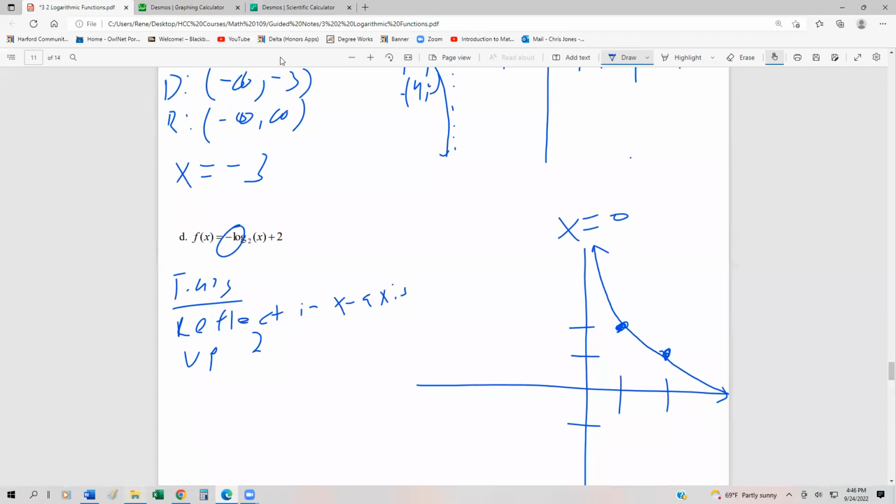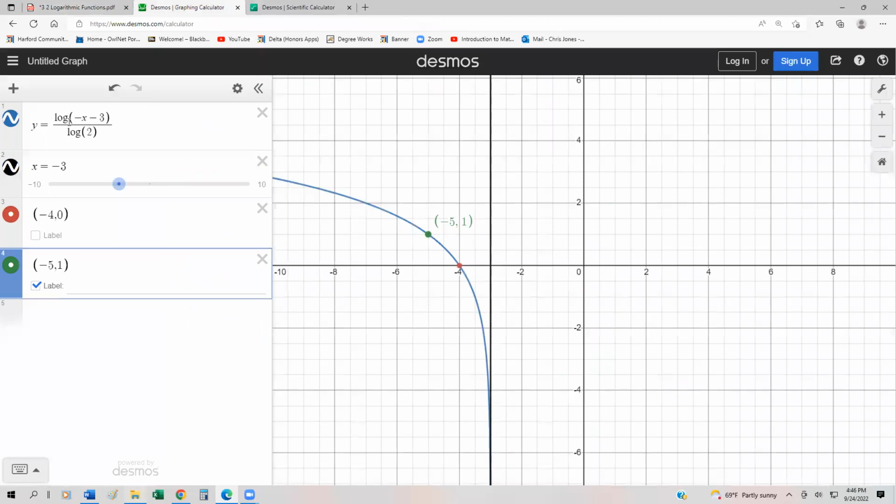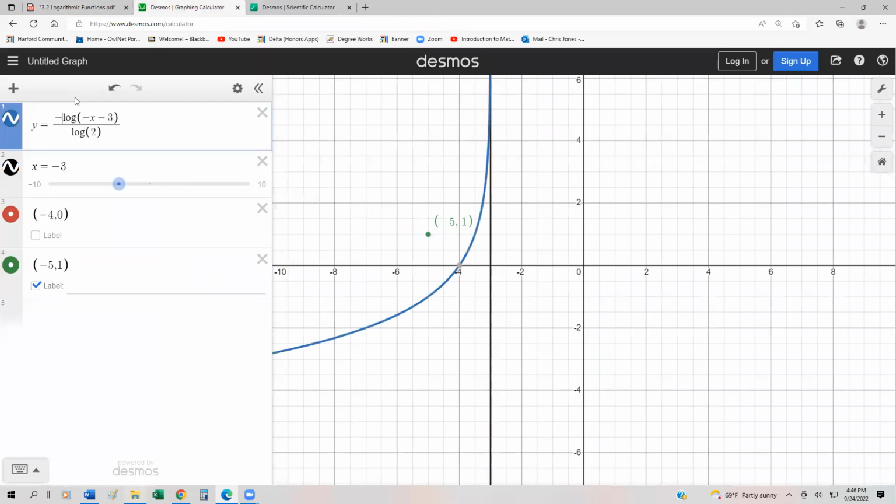But we can always check that with our graphing calculator, which we should do. So we're going to have the opposite of log of x and then plus 2. We just shift that up. Remember a couple of our points that we said were going to be on this.